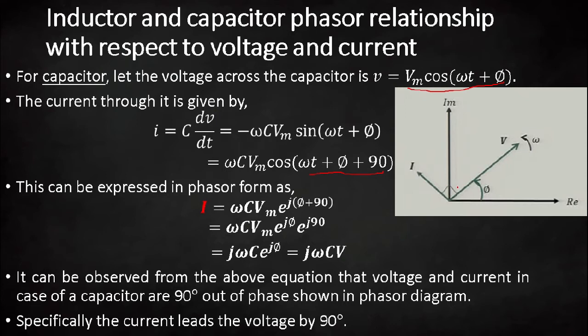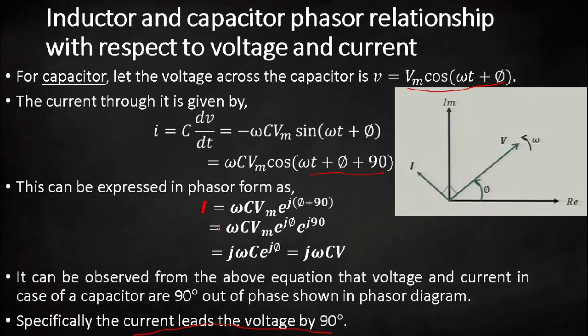So there is a phase shift between voltage and current of 90 degrees, and the magnitude will be I. Here you can see that current I leads voltage V by 90 degrees, or you can say voltage V lags current I by 90 degrees. That is what we have concluded from this phasor diagram.